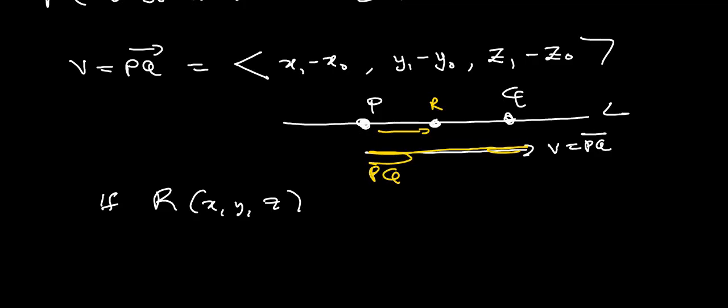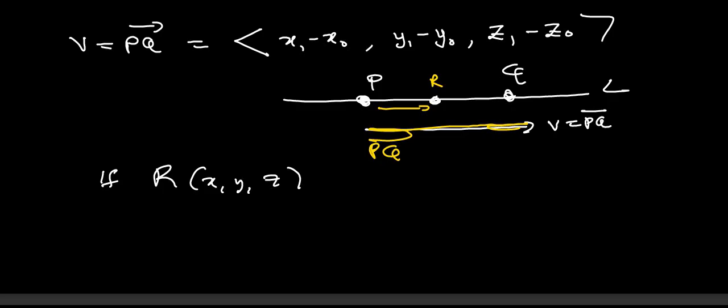PR is actually just the same thing as T times V, because either V will be larger than PR or it will be smaller. It doesn't matter. All we're saying is that there's a constant T connecting them. It's like your alpha, now we're just using T.